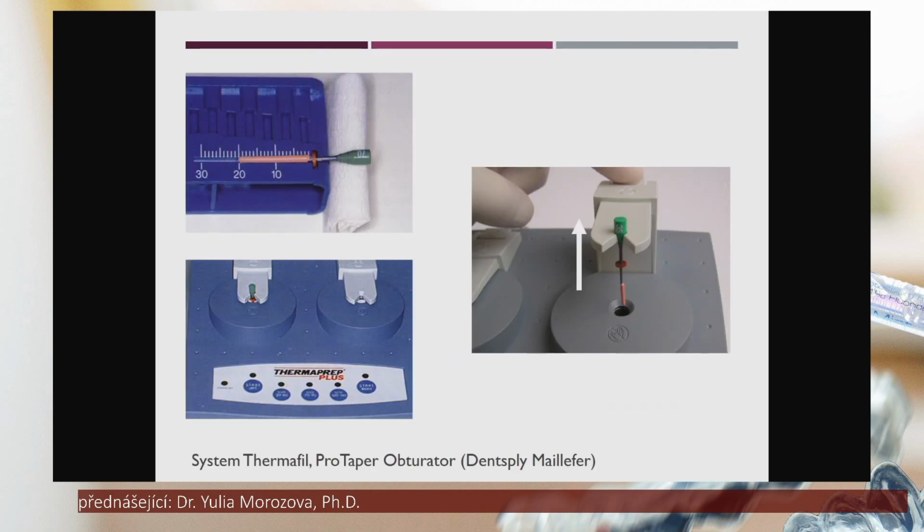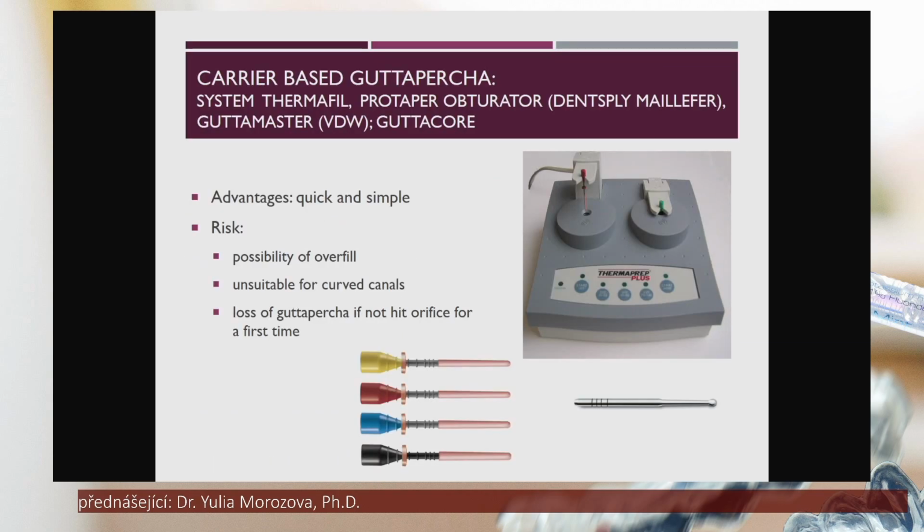The principle of this method is that we use special carriers with gutta percha. They could be plastic, like for example in the case of Thermafil or ProTaper Wave 1 obturator, and this plastic core is covered by gutta percha. But also this core could be made from specially prepared gutta percha, like in the case of GuttaCore, and in this case there is no plastic inside of this obturator.